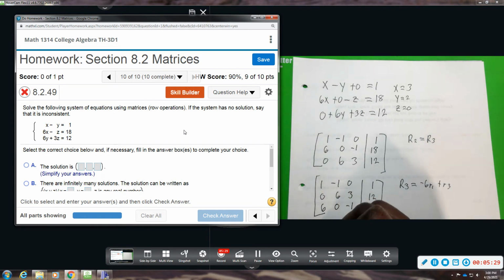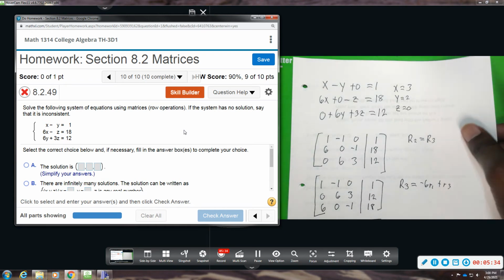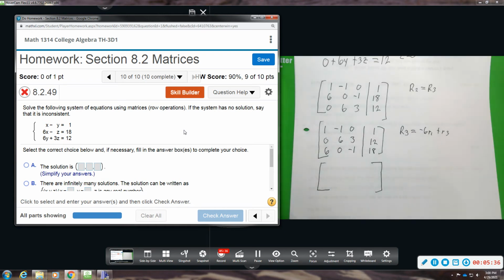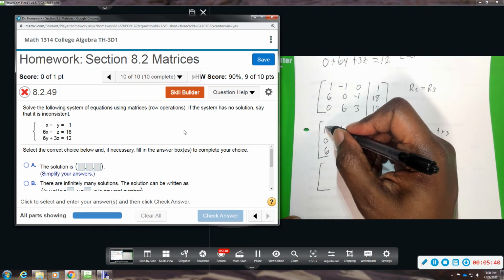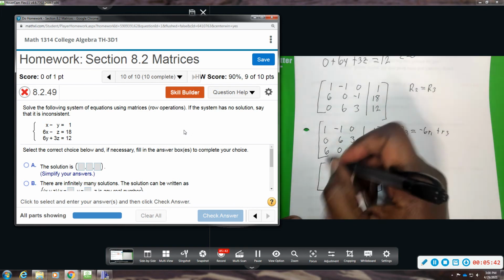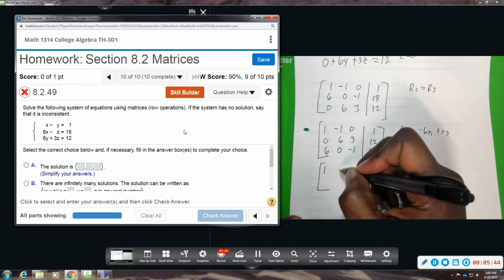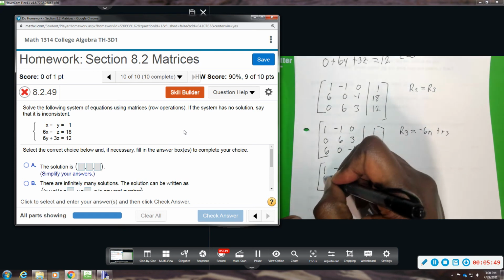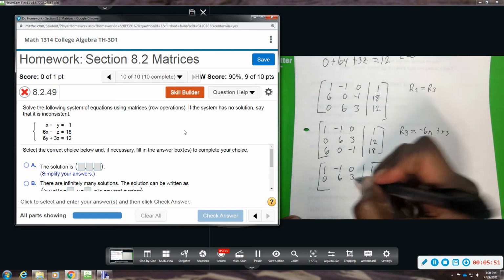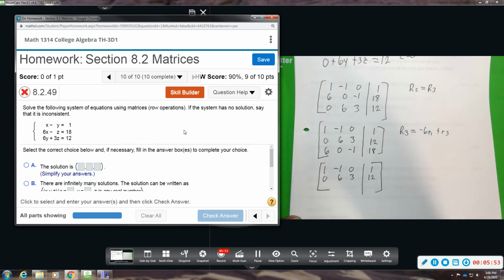I'm just going to write the resulting matrix. Okay, trying to squeeze all this in here. So negative 6 times 1 is negative 6. Add it here. Let me write the rows that don't change first. 1, negative 1, 0, 1, 0, 6, 3, 12, and this bottom row is changing.